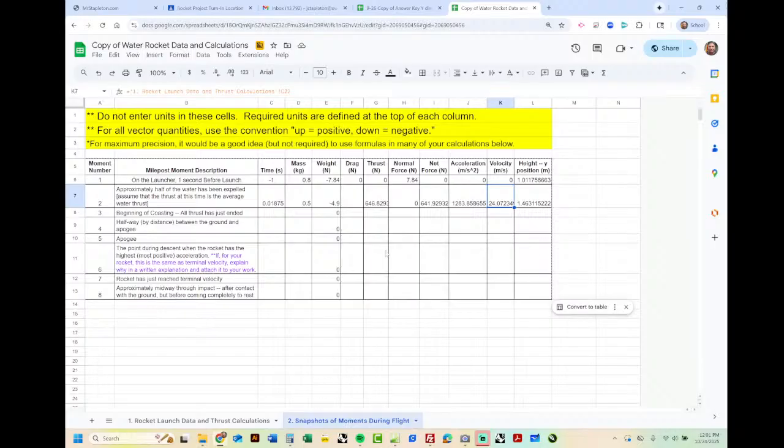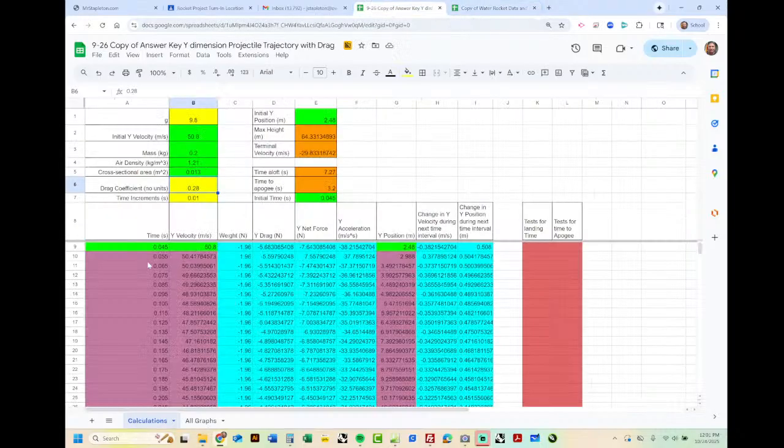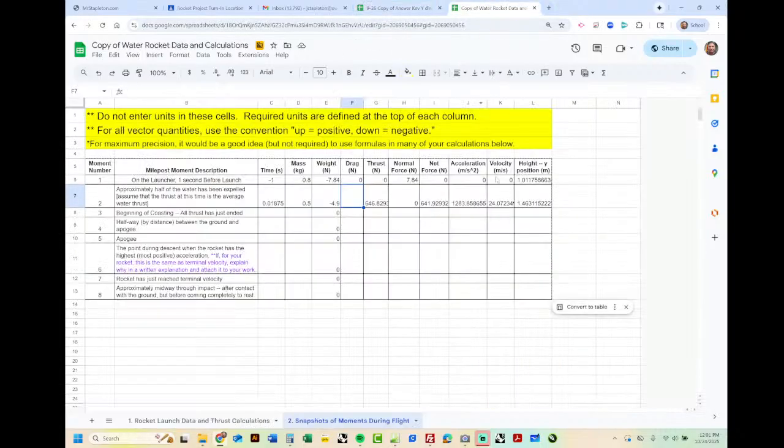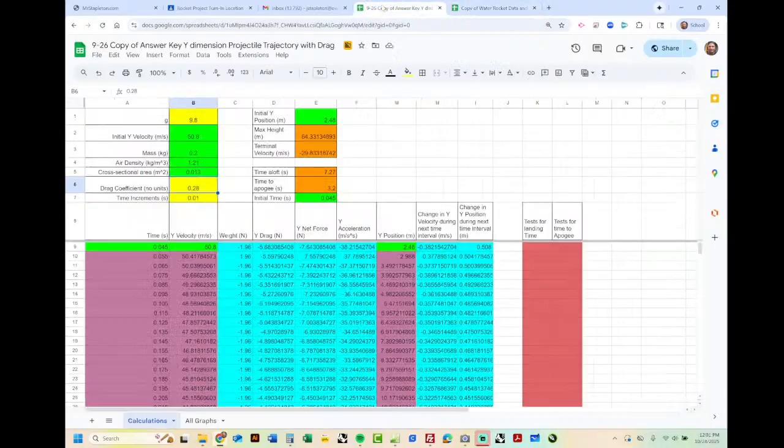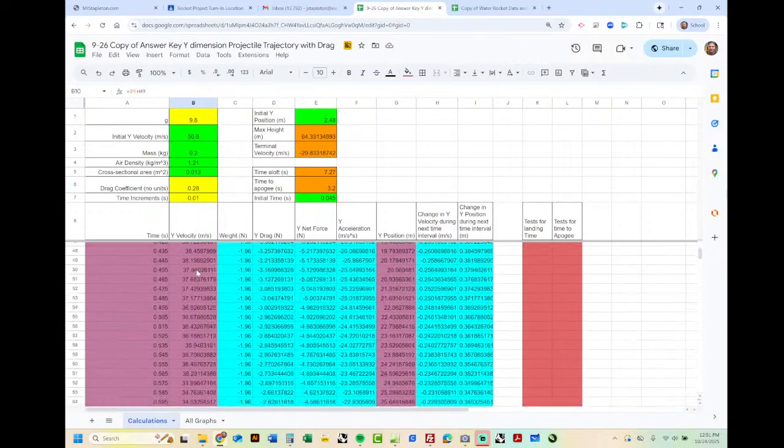I was working on finding the force of drag during water thrust. So if we figured out that the velocity was 24, that's the important thing. I'm just going to go down this velocity column until I get to something that's around 24.